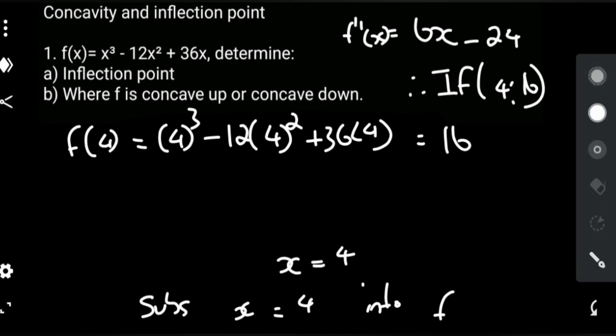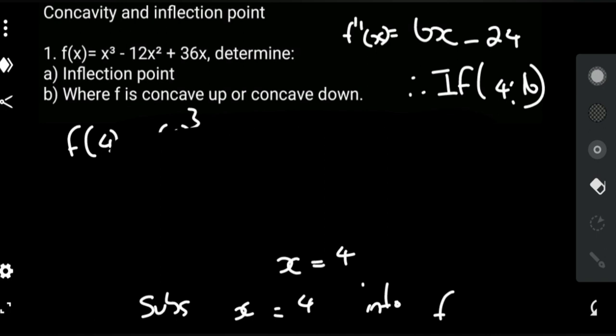In part B, we need to find where the graph is concave up and at which points the graph is concave down. So this is how you can do this.